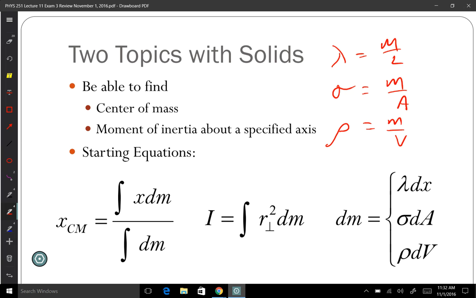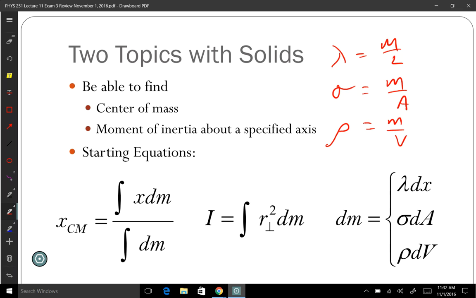So you're just using whichever one is appropriate. In all cases, it's density, d, and then whatever your space is for, three-dimensional volume, two-dimensional area, or one-dimensional distance. So depending on your situation, you may do any of these.